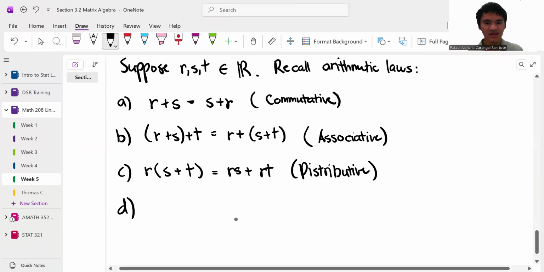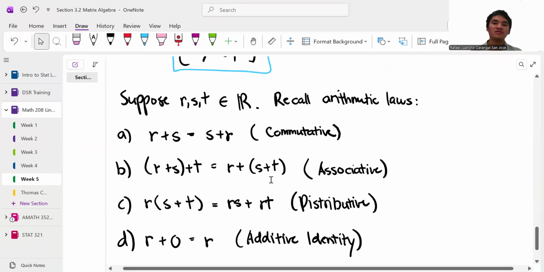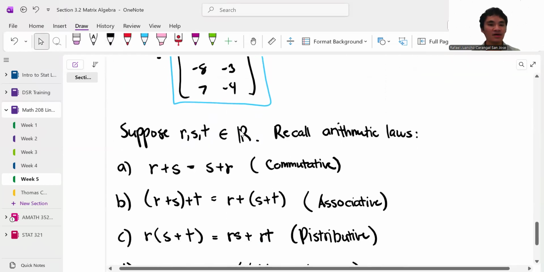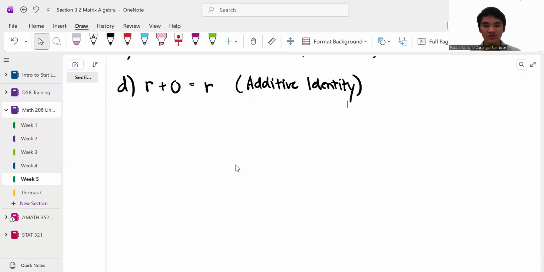And then we have additive identity, which is just R plus a 0, which is the same thing. So we call this the additive identity. And apparently we also have these laws in matrices, right?